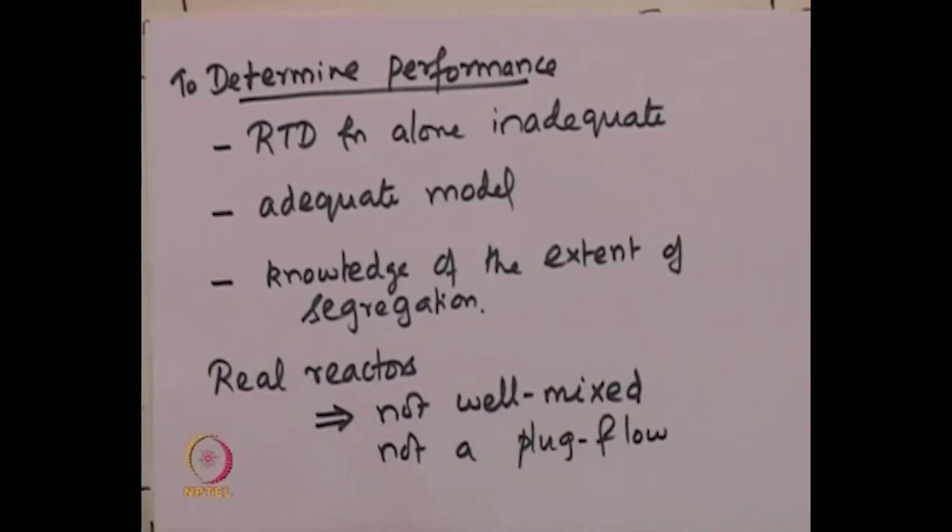So far we have seen in the first course of reaction engineering and also in this second course, the CSTR models and what happens if there is a different order reaction in a CSTR, what happens if it is in a plug flow, but unfortunately it turns out that real reactors are not well mixed and they do not behave like a plug flow. So, one needs to come up with a different approach in order to model the non-ideal reactor and estimate the performance of such real world reactors.